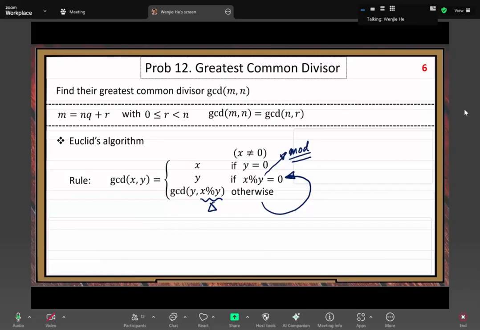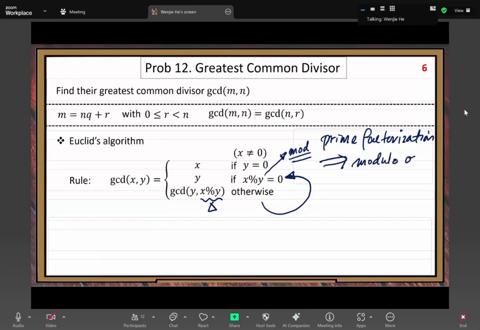Here you can see the improvement. The improvement is from prime factorization, very expensive, reduced to modular operation.